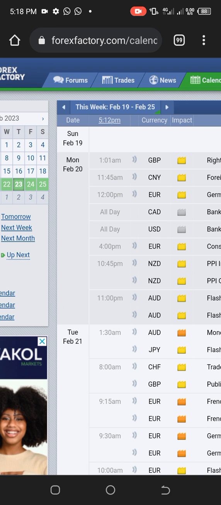Always look at them. Even if you don't check any other news coming out, don't joke with these currencies and their news, because they definitely shake the whole market.